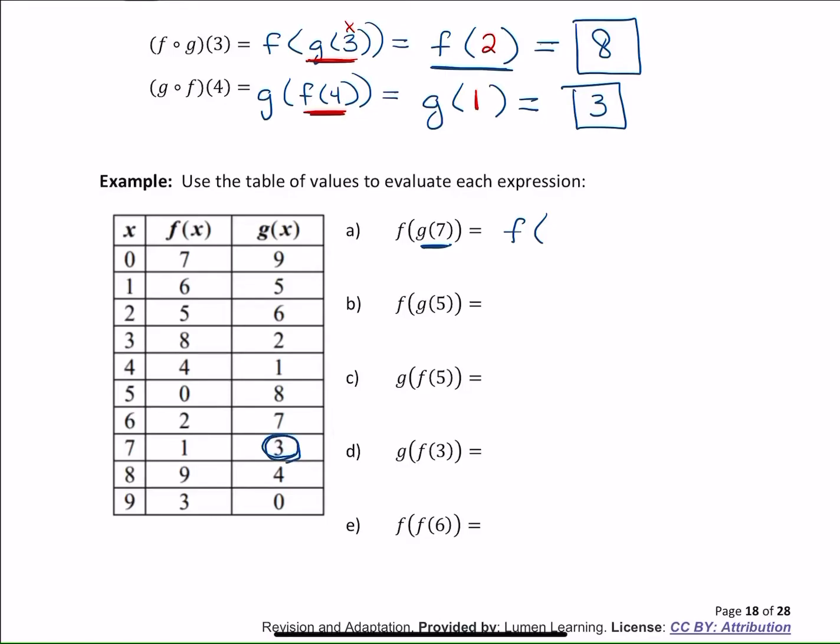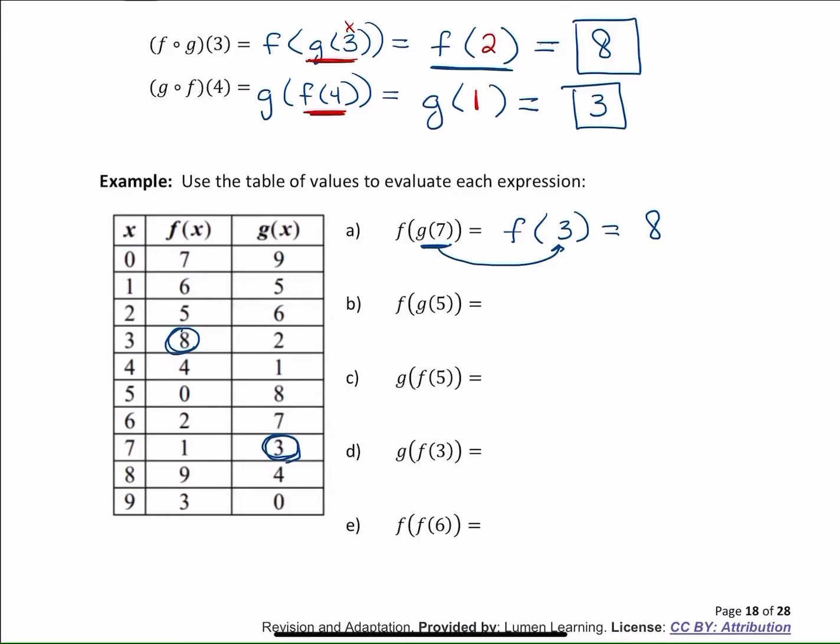G of 7 will be 3. And then I go find f of 3, which is 8. So I find g of 7 first, which is 3, and then find f of 3 on my table, which equals 8. So same thing as the other ones.